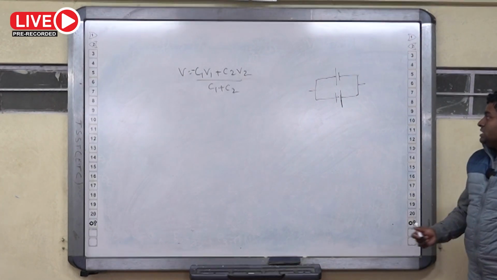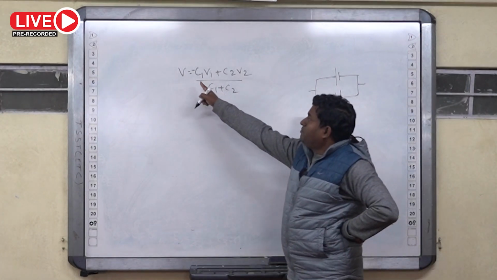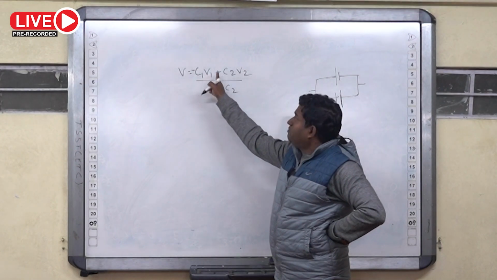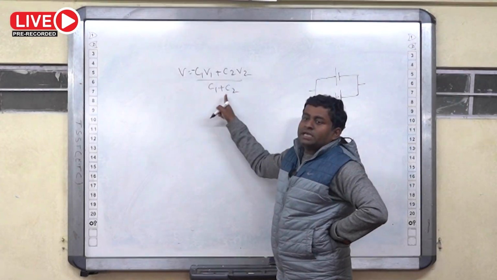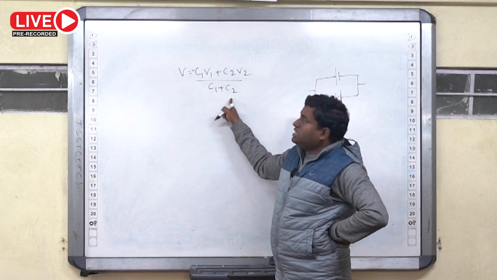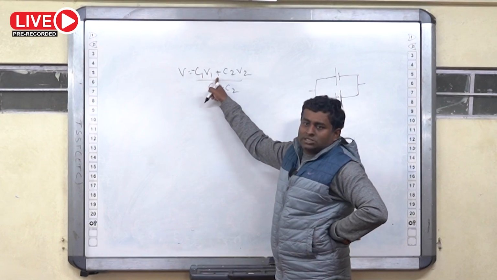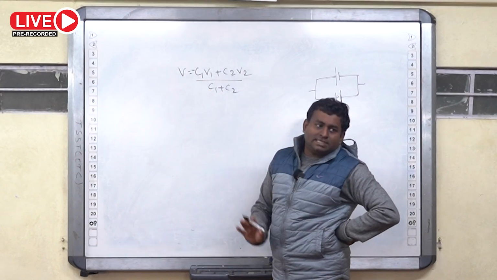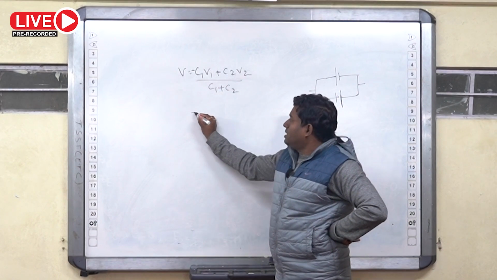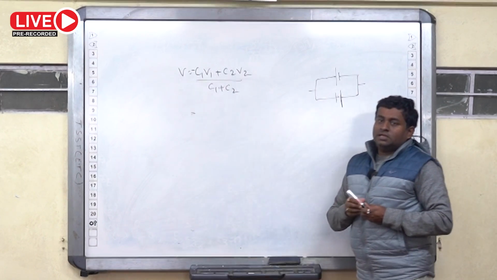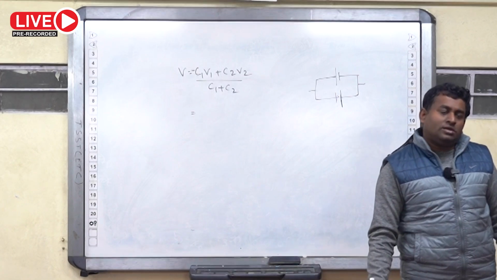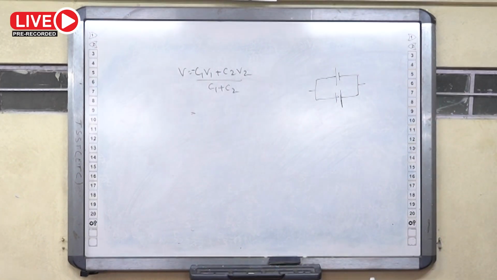So that's why the equivalent will be minus C1 V1 plus C2 V2 divided by C1 plus C2. You can also write C1 V1 minus C2 V2. In that case, there will be a minus sign only. So now calculate. C1 V1 given, C2 V2 given.